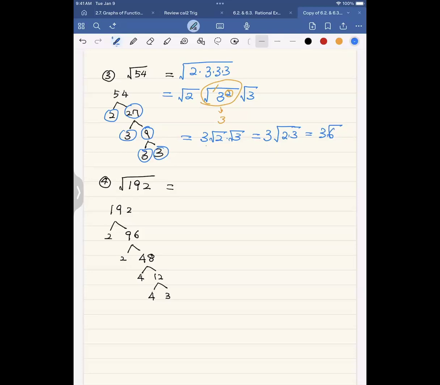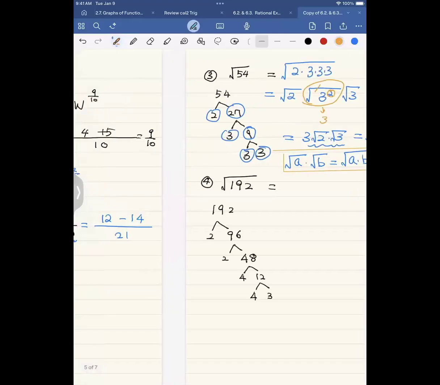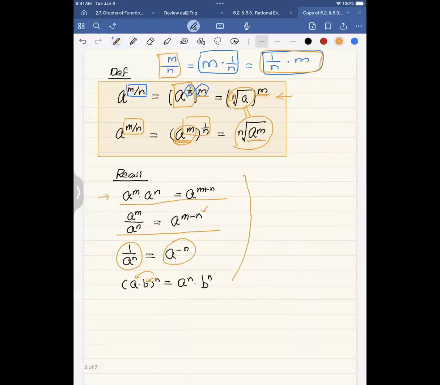So here what I used was square root of a times square root of b is square root of a times b. That comes from this principle.